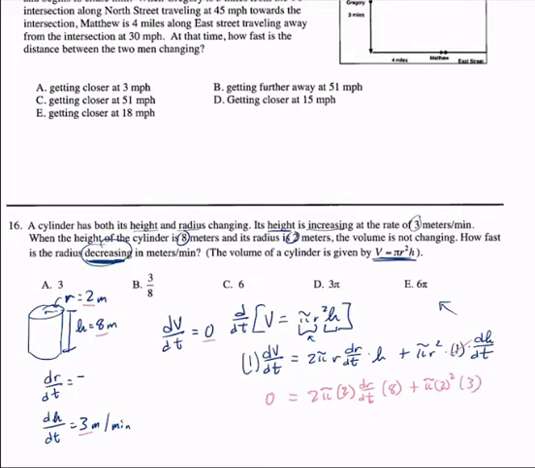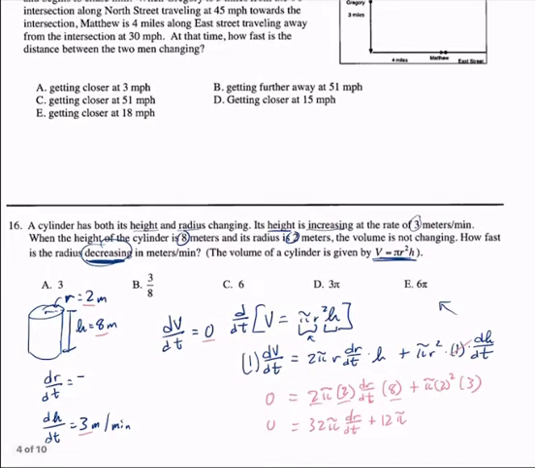So we have 2 times 2 times 8, so that's 4 times 8, which is 32 pi dr/dt, plus, we have 4 times 3, which is 12, so we have 12 pi, equals 0.